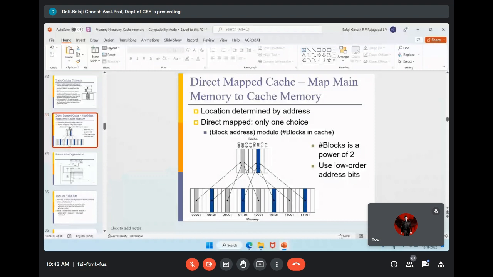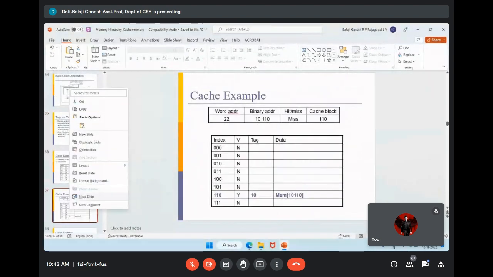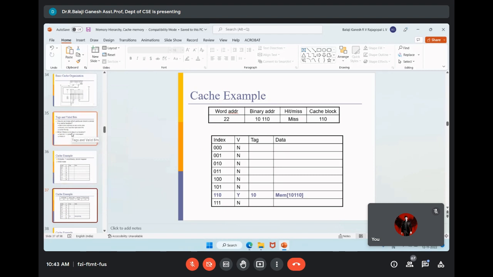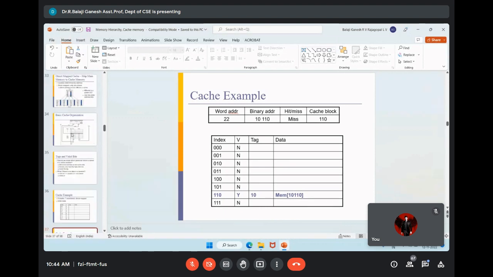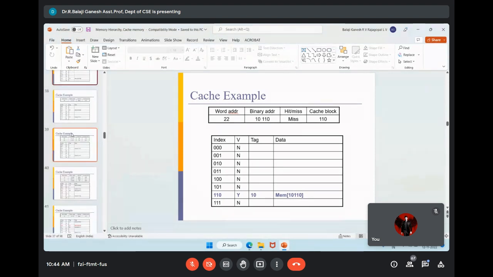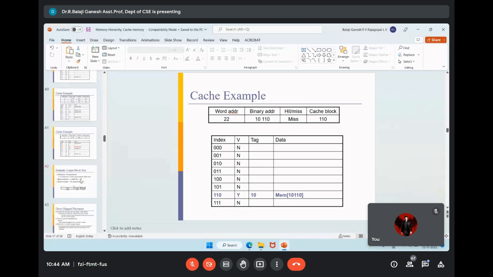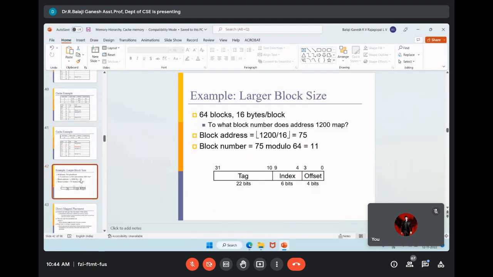We have to select a cache block in which the main memory block is placed. How do we decide that? Direct mapped cache is one technique, and the formula for it is the main memory block modulo the number of cache memory blocks.